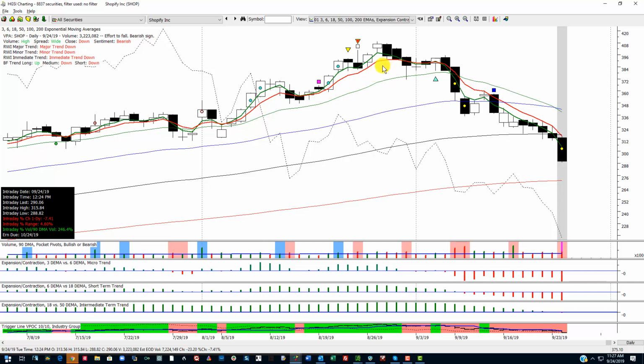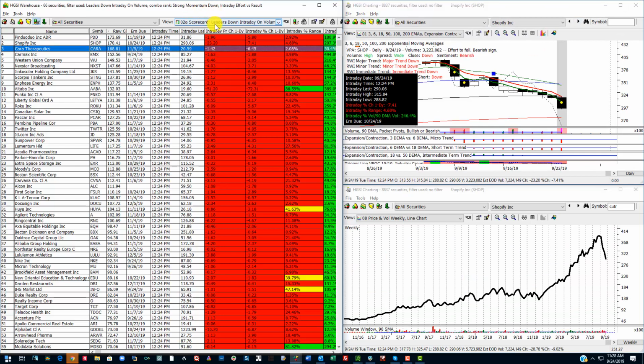But this was one of those momentum stocks which was doing extremely well, got up in the $400 range, and look at it today. The last price is $290.06. So $100 plus has come out of this stock. And it is in my leaders going down intraday on volume.